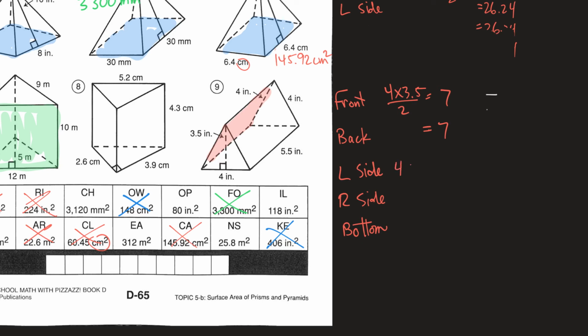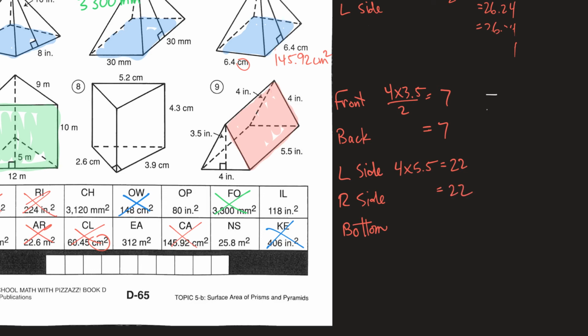That's 22. And the right side is this here. The right side is going to be this entire thing here. And that's, again, 4 times 5.5, which is 22.